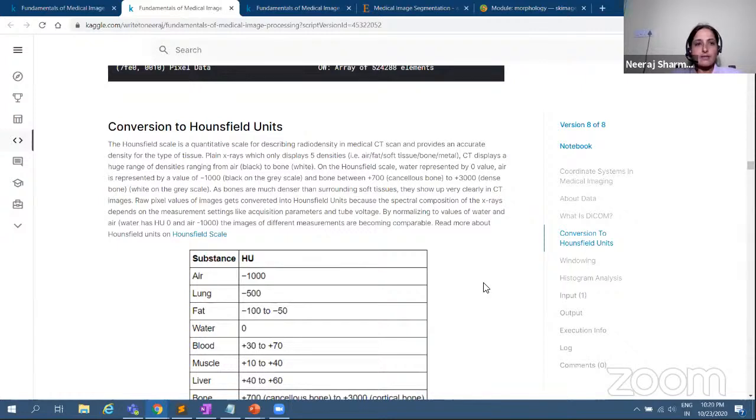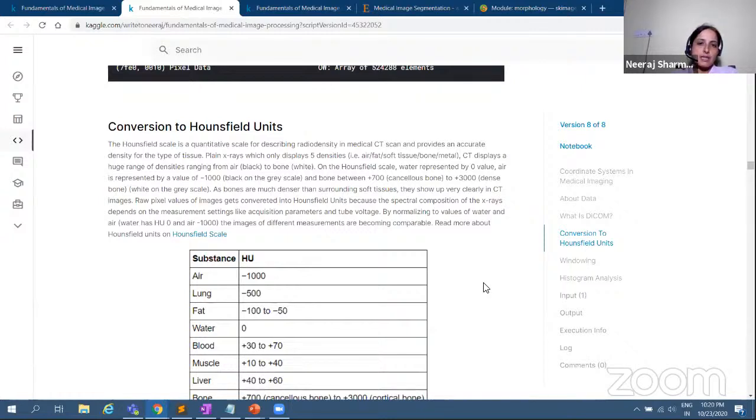But in CT scans, we have a huge range of densities. It starts from the air and it goes till the bone. The range of this whole window from air to bone is -1000 till 2000, but normally we consider it till +1000 only.